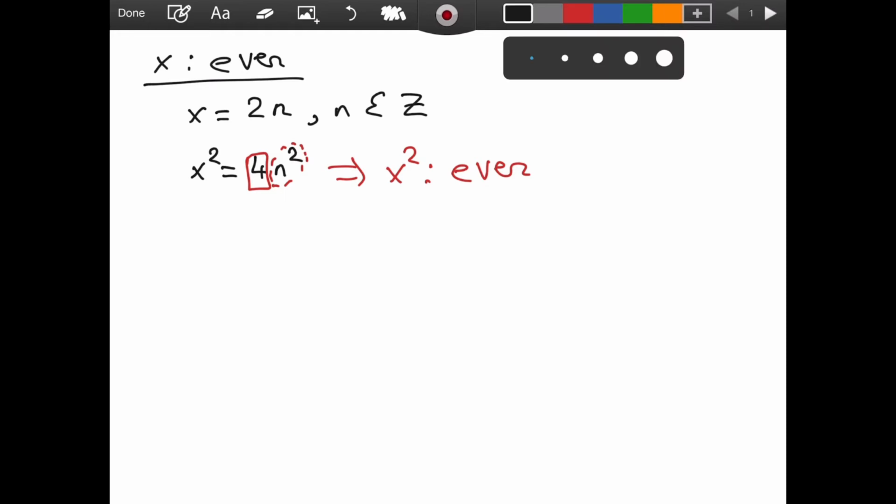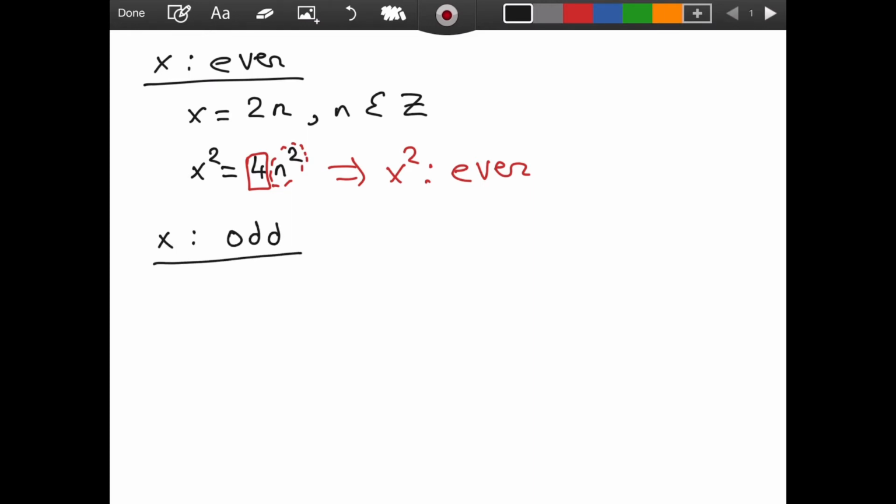Then what about the case where x is an odd number? So perhaps if I take the square of an odd number, will I get an even number or an odd number? Let's see. We can represent an odd number as x equals 2n plus 1, where n is again an element of the integers.